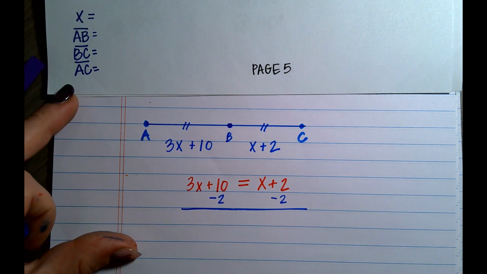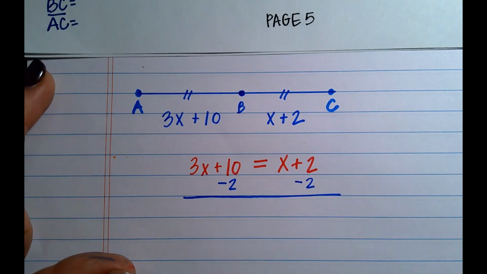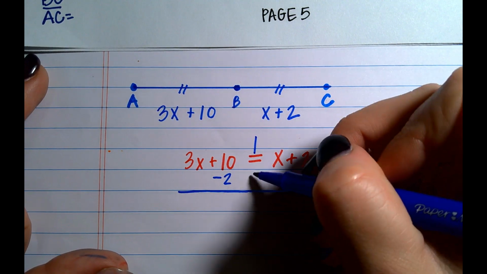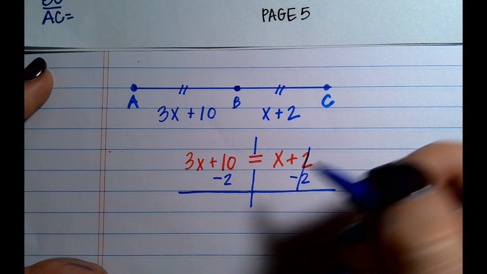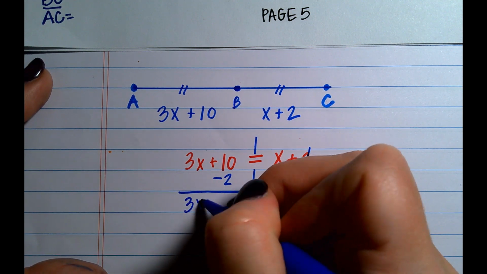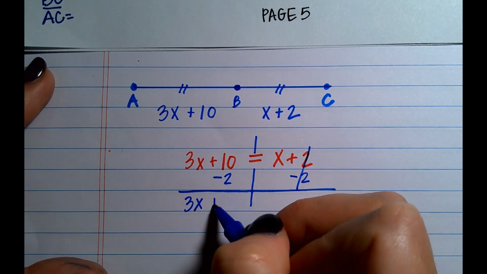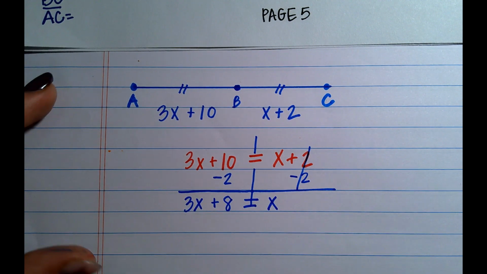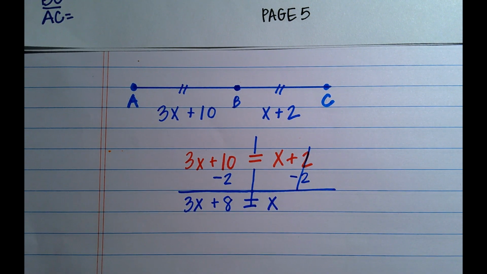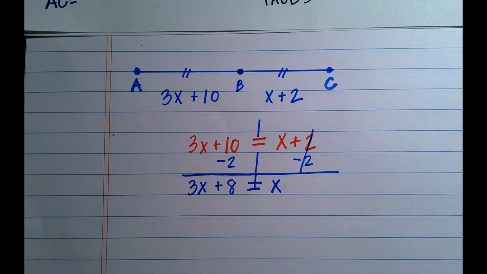And once you do that, what does that leave you with? 8. Good. So I have 3x plus 8 equals x. Okay, what could we do from here?